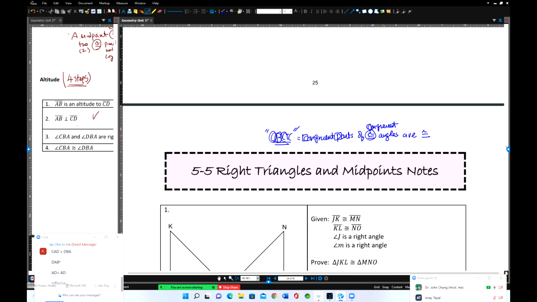TC, triangle. Congruent triangles. Okay, I'm out of room. Are congruent. So we're going to do this one, CPCTC.